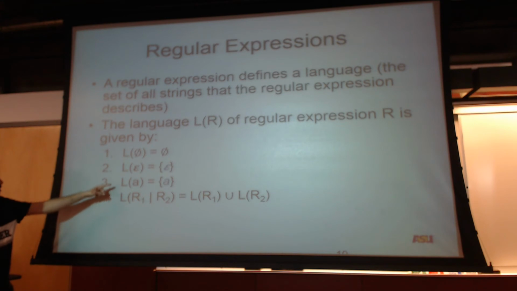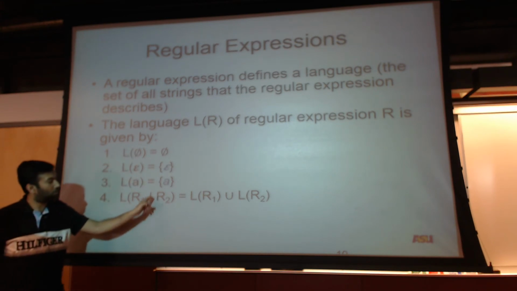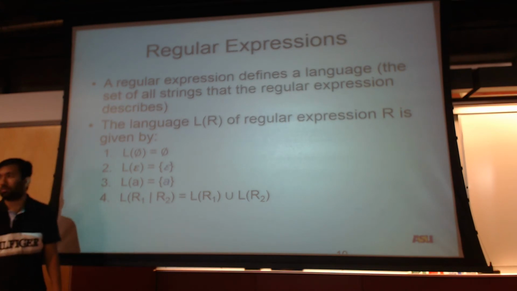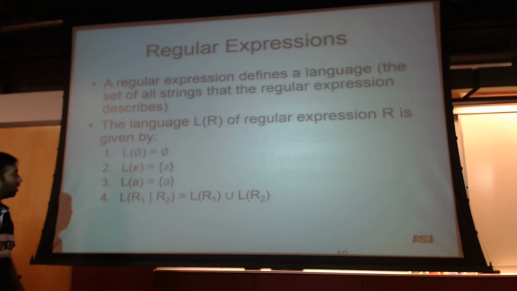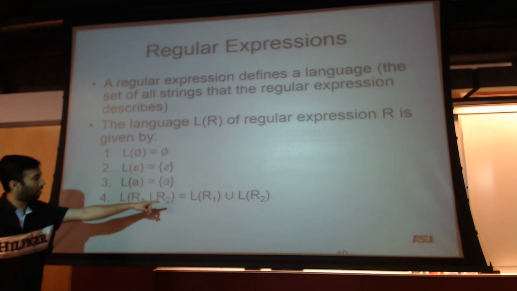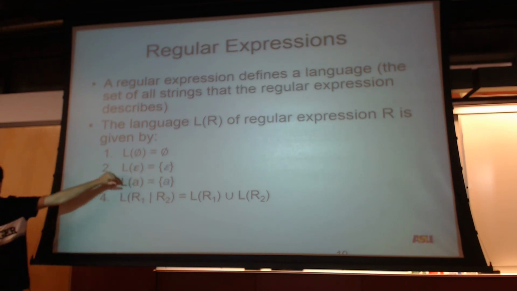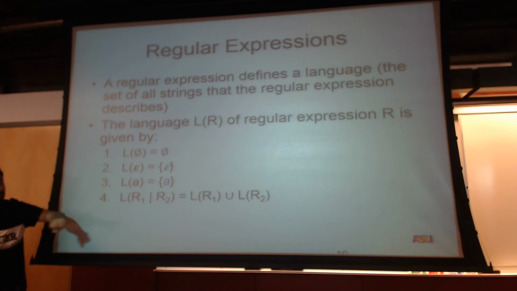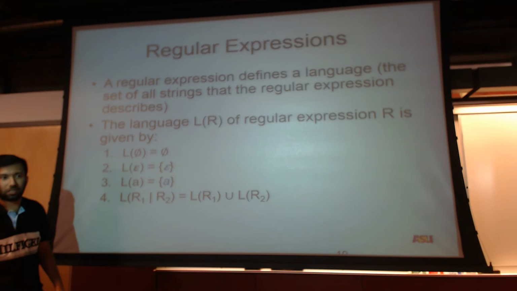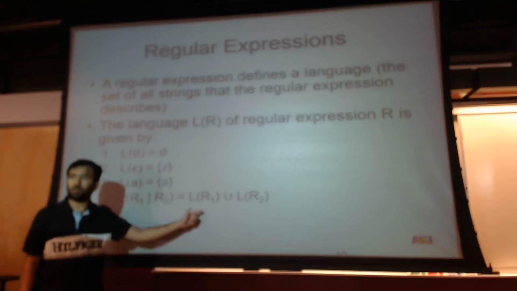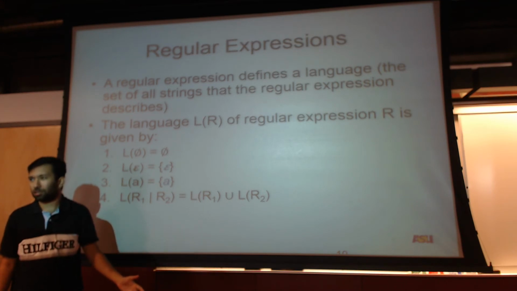Now we have defined these languages, the top three. How do you define the language of R1 bar R2? The language of R1 can be any combination of the first three. To define the language of R1 bar R2, first find the language of R1, which will be a set of strings.